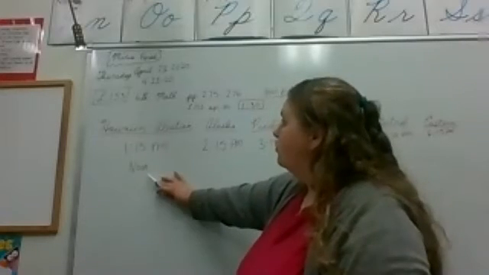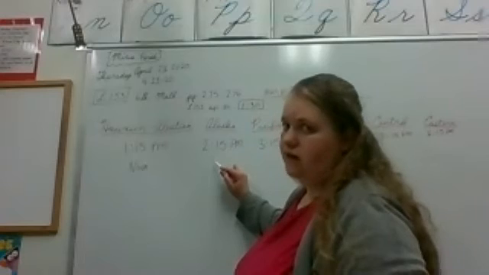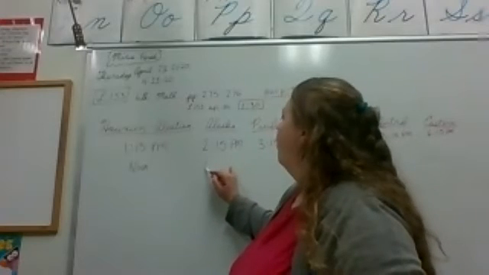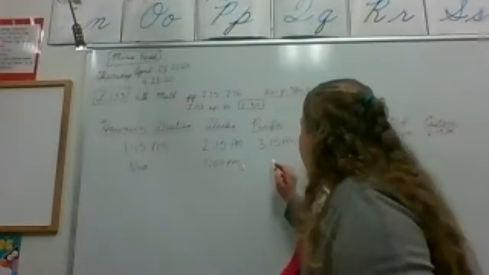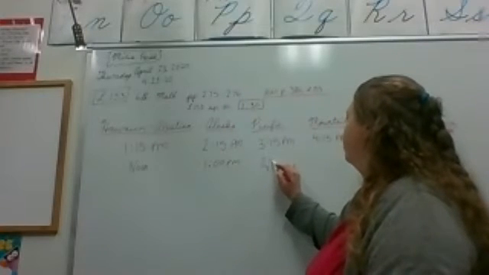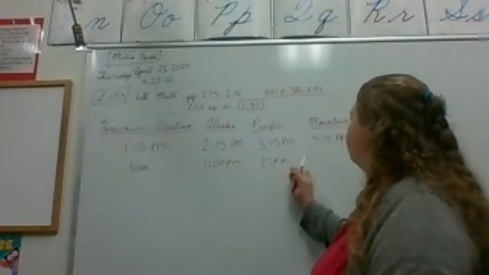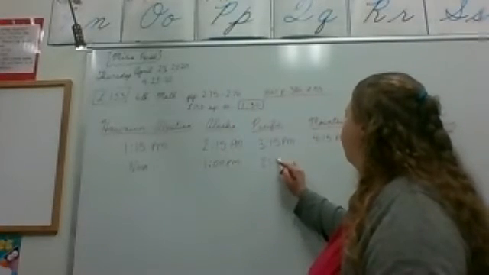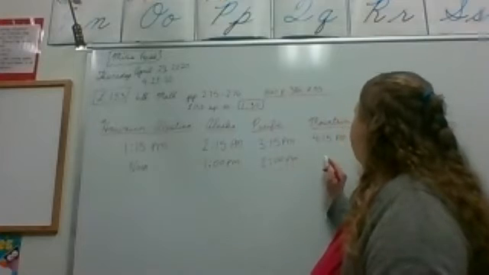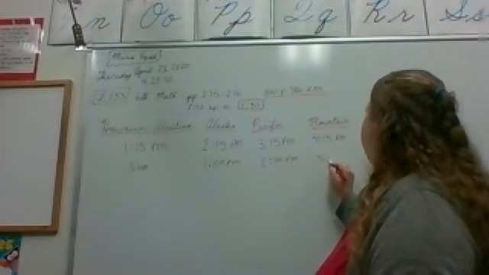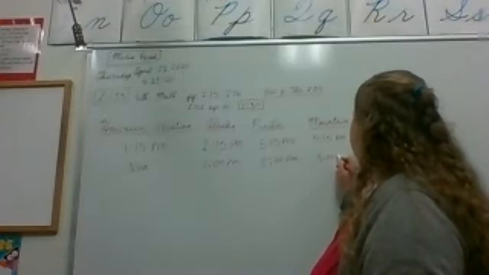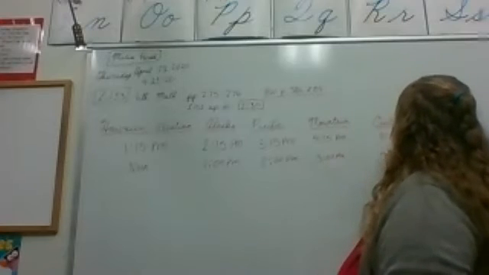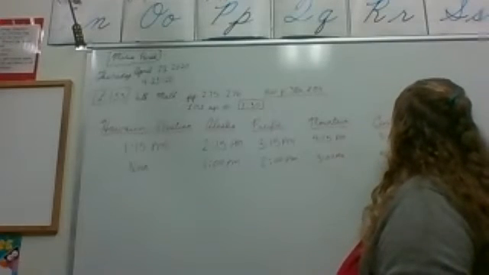So if it's noon in Hawaii, what time is it in Alaska? 1 PM, right? Pacific would be 2 PM. Oh, I forgot the zeros. Writing too fast. 3 PM. 4 PM.